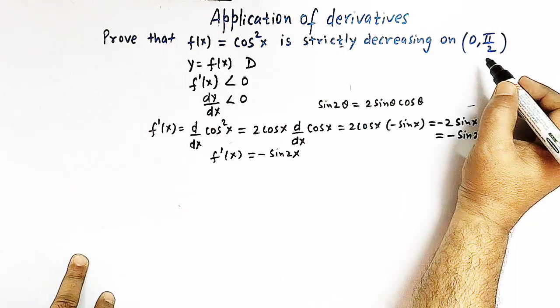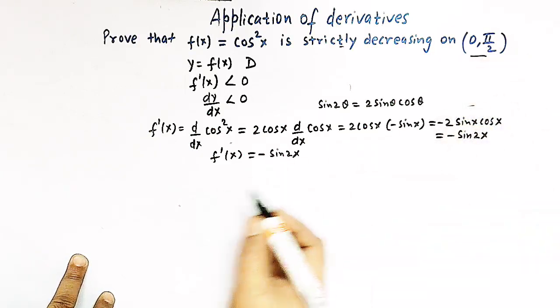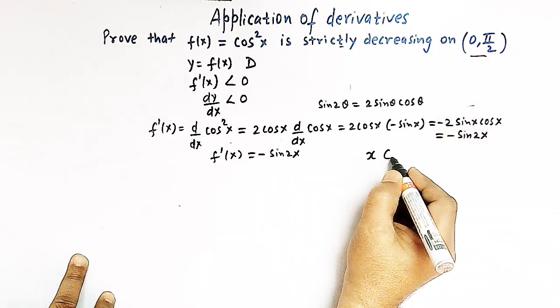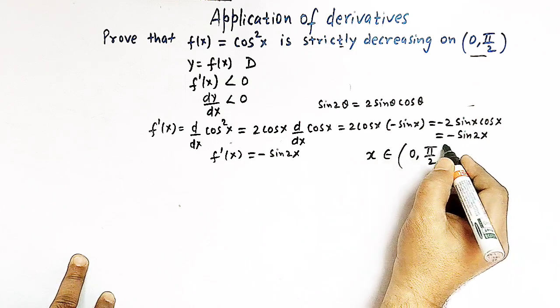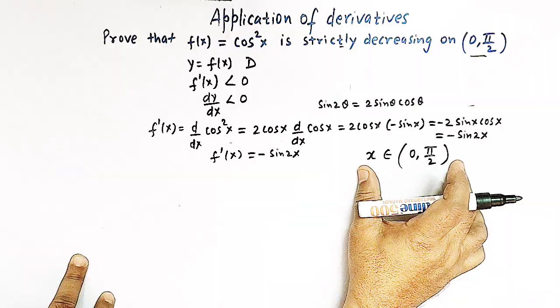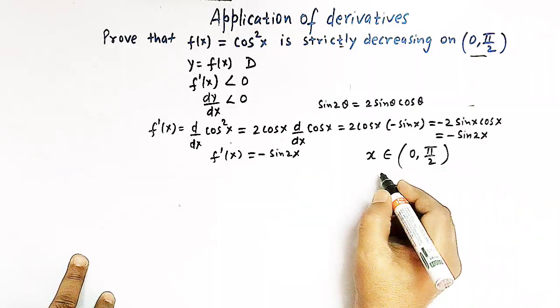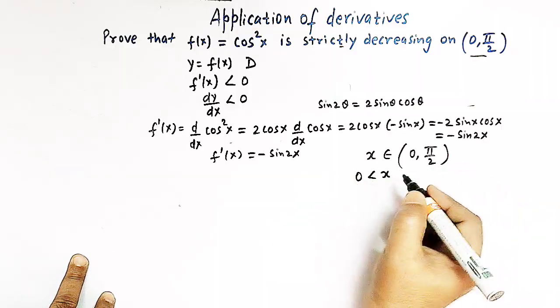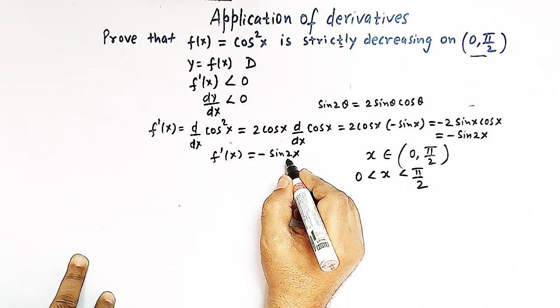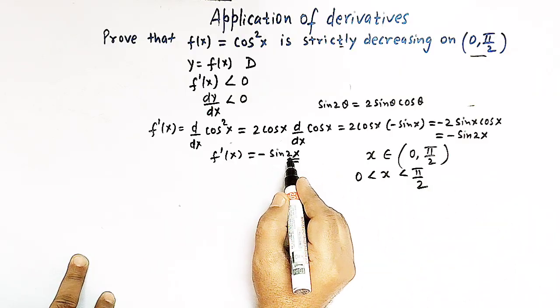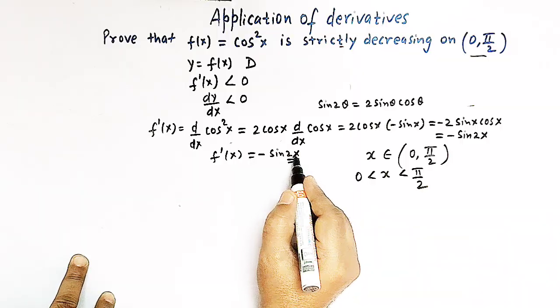Now here we are given this interval, that is x belongs to the open interval 0 to pi by 2. So we can also write this statement as x greater than 0 but less than pi by 2, right? And here we note that the angle is 2x.